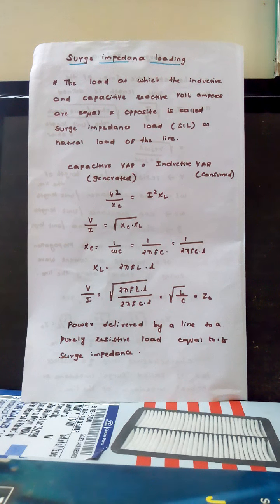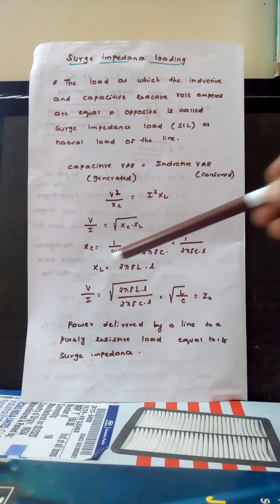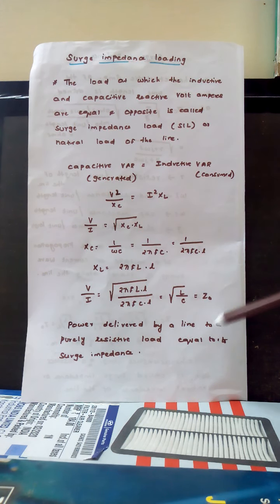Here V by I is an electrical quantity that has the dimension of electrical resistance. That is the surge impedance, Z naught equal to root of L by C. If a purely resistive load is connected at the receiving end of the line, the reactive power generated by the capacitance will be equal to the reactive power consumed by the inductive component, so we have a lossless line.